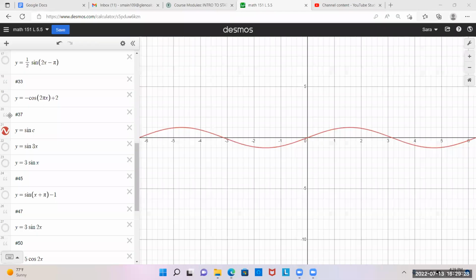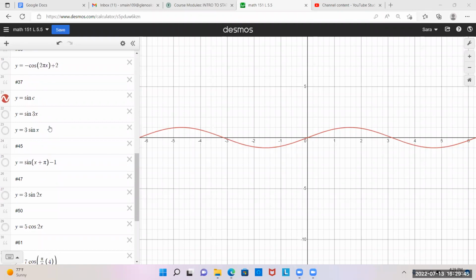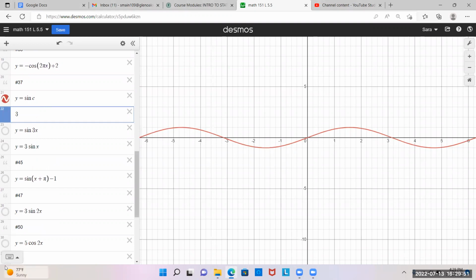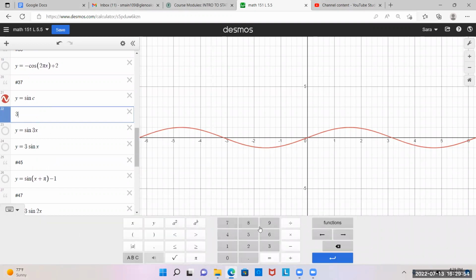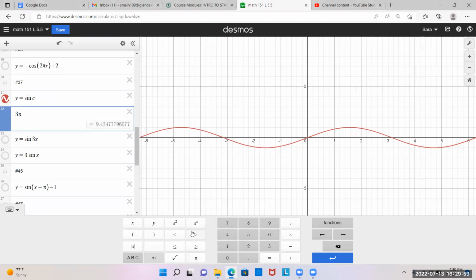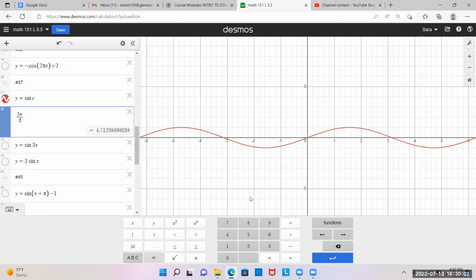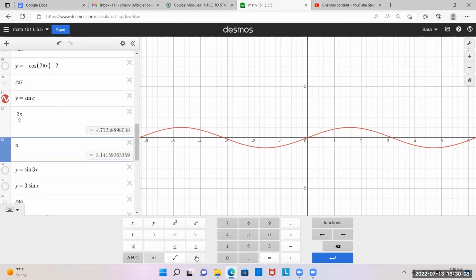In the Desmos link for 5.5, you can see the sine graph starts at 0 at 0. And then at 3 pi over 2, and also pi over 2 really is what we want to look at.